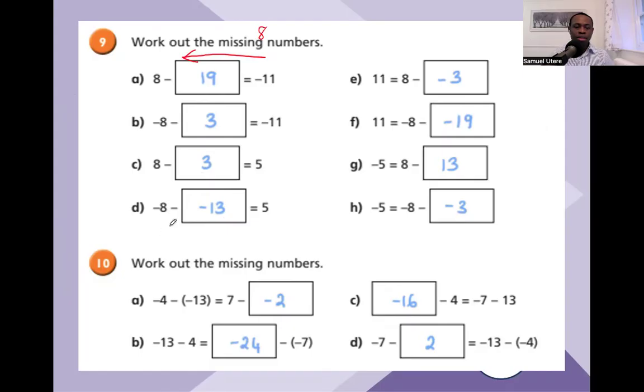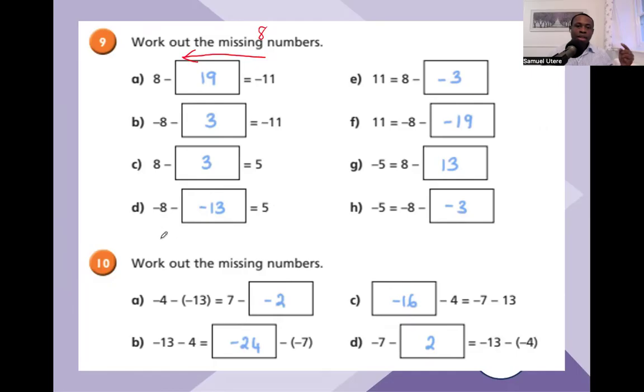So if from negative 8 you're subtracting something that gives you a positive 5, it means this is going to have to be a negative. Why? To get from negative 8 to positive 5, you're going to have to cross 0.